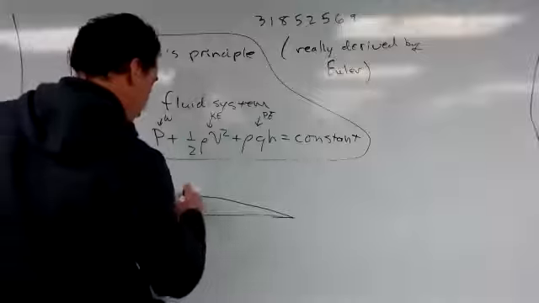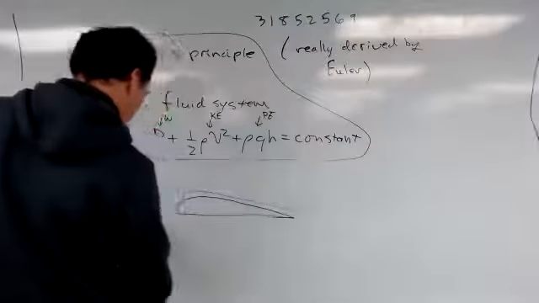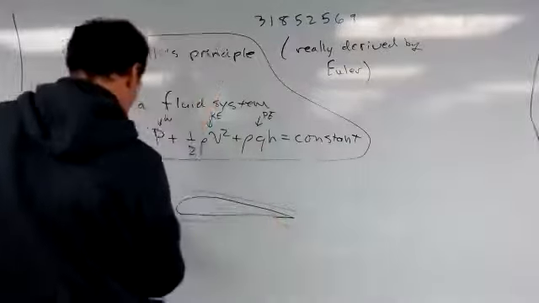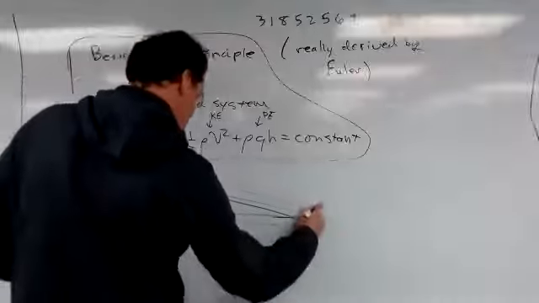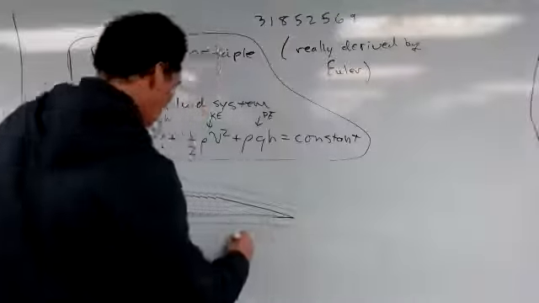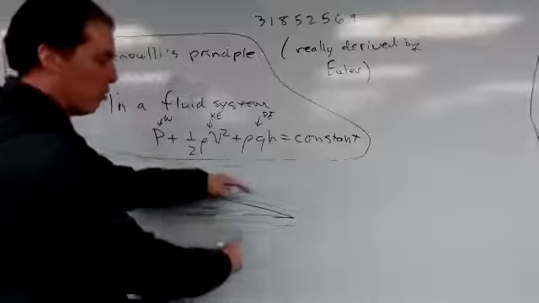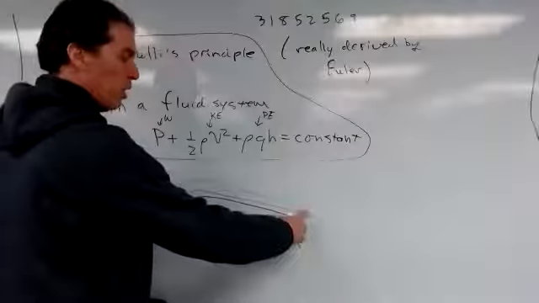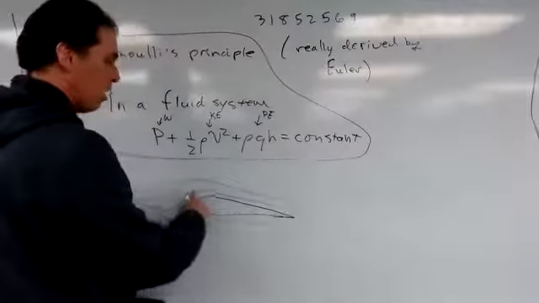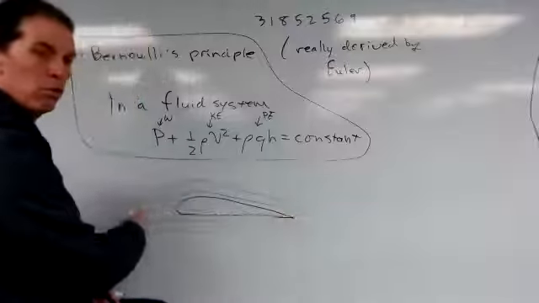And because air has a certain amount of inertia to it, the wing is splitting these air molecules up, and some are going over and some are going under. And in order for them to get back to the same spot, these guys have a longer path to go as the wing moves through.